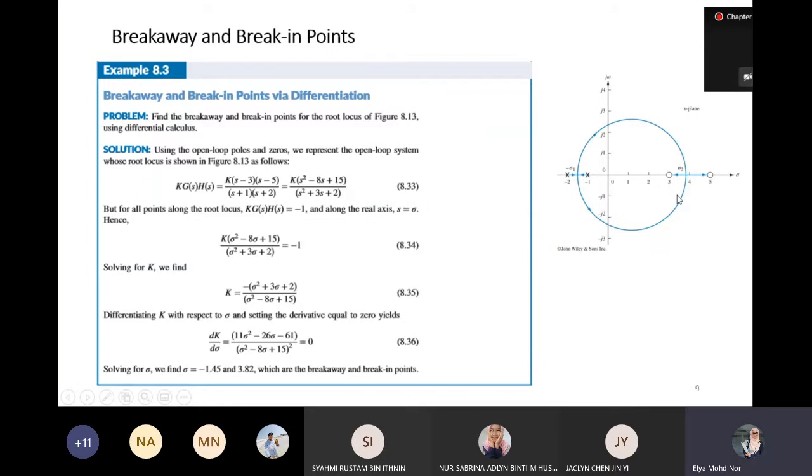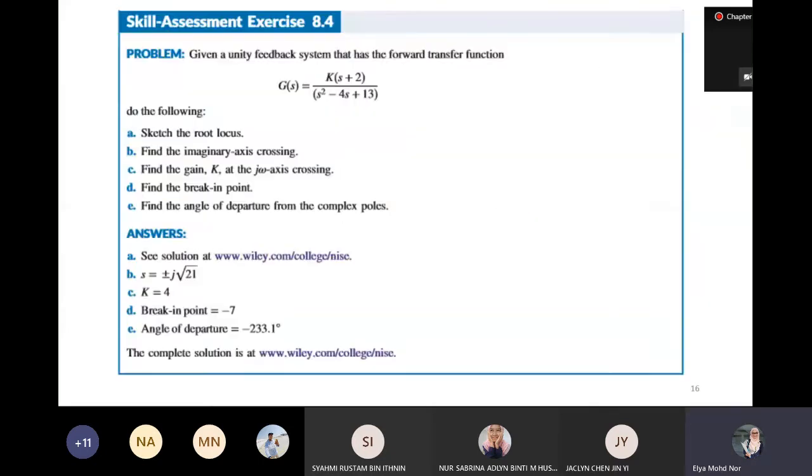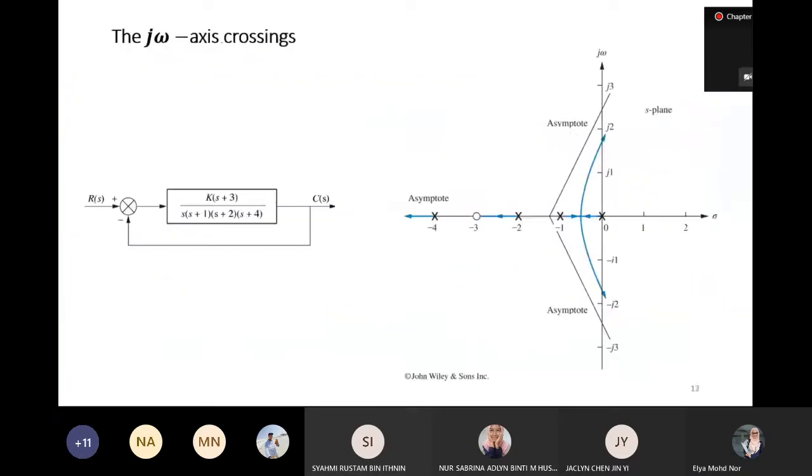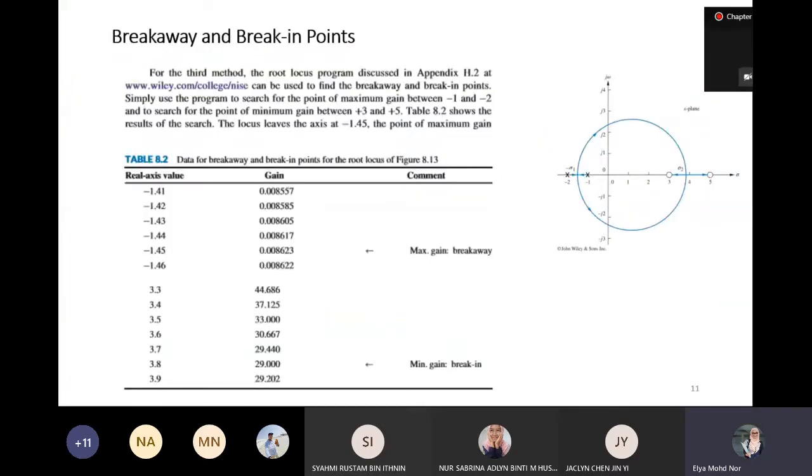The question is, at what point here does it start to break away? And at what point here does it break in? Those are the break-in and breakaway points.